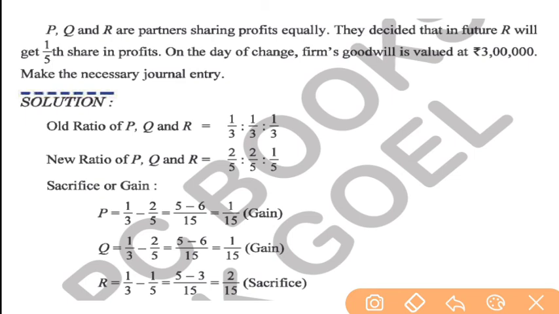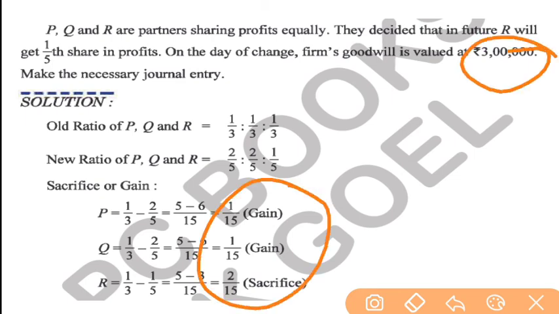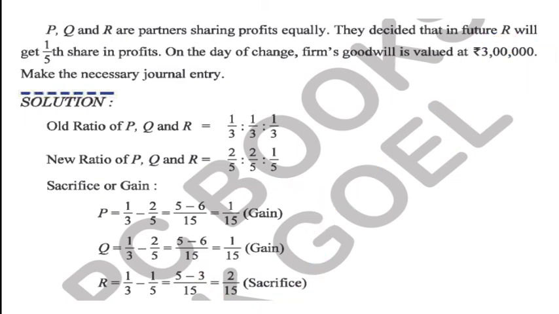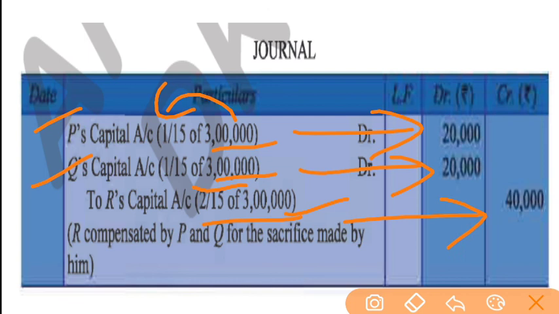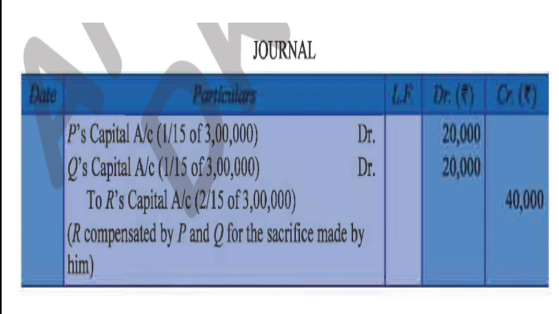We will multiply the gaining and sacrificing ratio with goodwill, that is 3 lakh. P will gain, Q will gain, so they will be debited, and R is sacrificing, so it will be credited. 3 lakh into 1 by 15, 3 lakh into 1 by 15, 3 lakh into 2 by 15. The amounts will be 20,000, 20,000 and 40,000. So the gaining partners will be debited and the sacrificing partner will be credited.